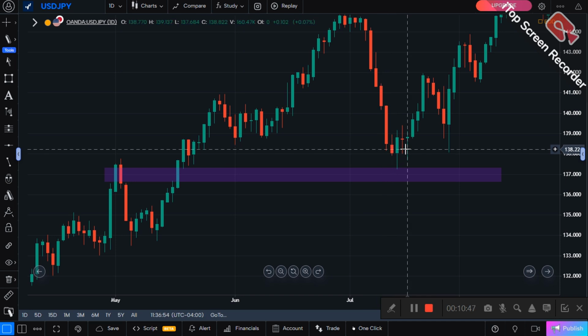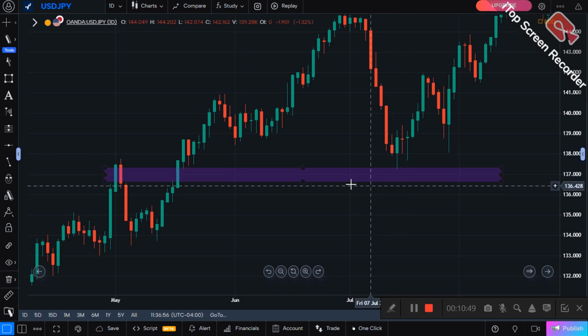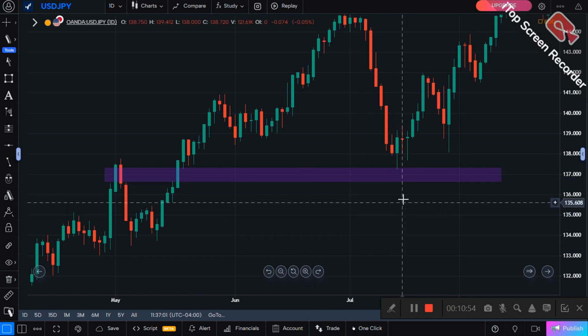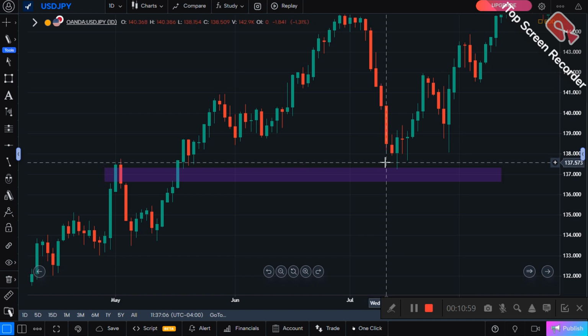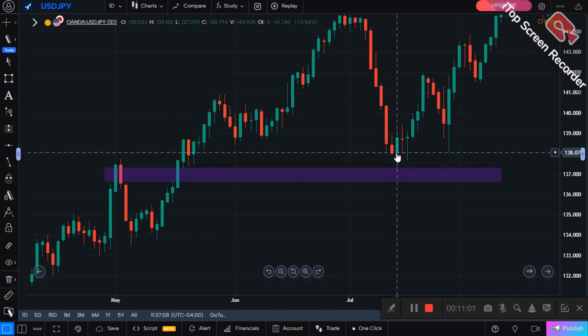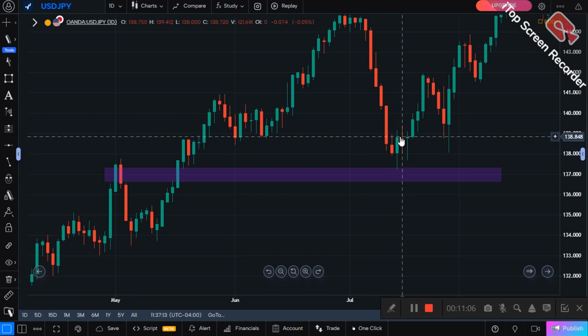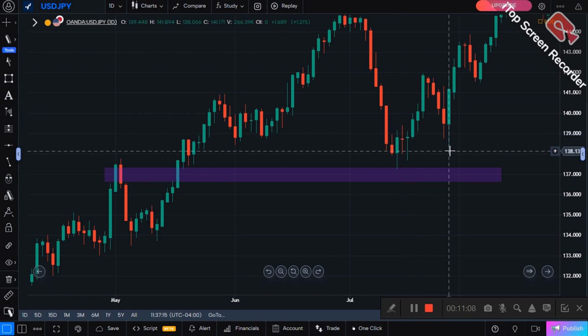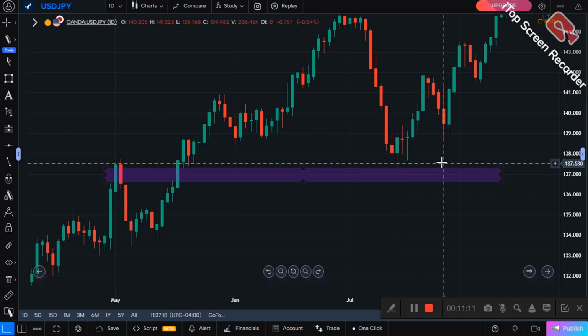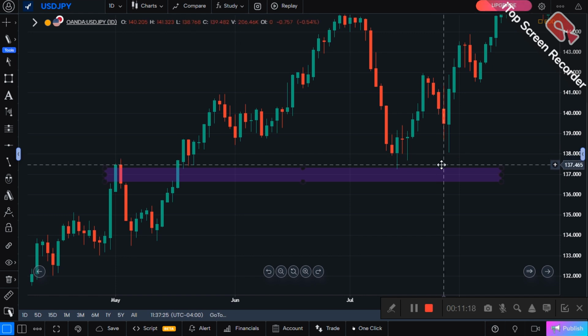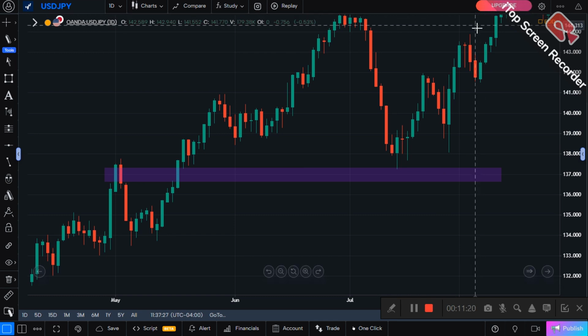This is my goal. This is my priority. I don't want too big a stop loss like this. I want confirmations. I want to reduce my stop just there, and I have to enter in that region. My stop will be not below this, but below this. Not too much down. I have to take small stops with a big reward.